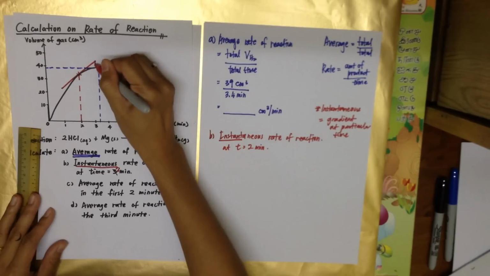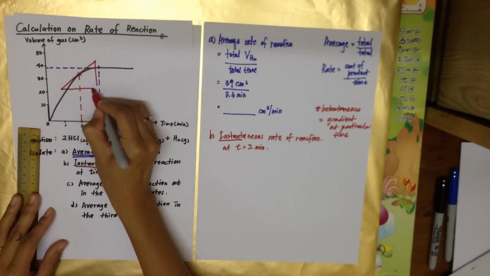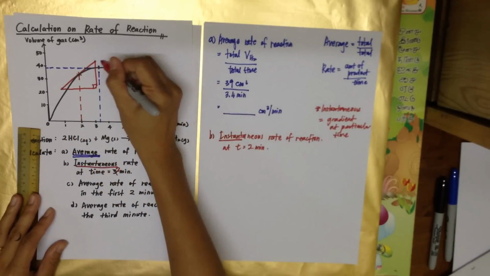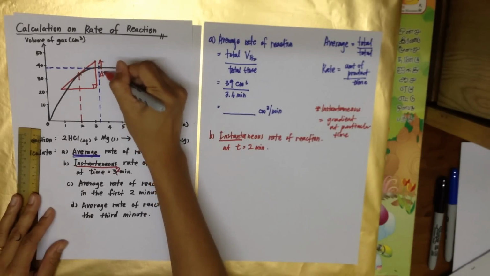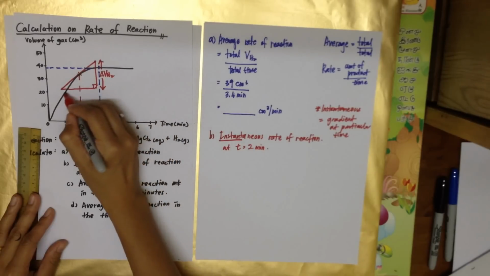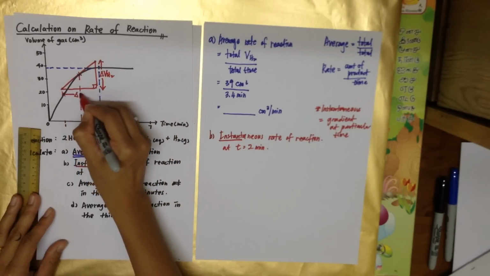As what we have shared just now, the tangent can be something like this, and we can then find out the change in the volume of hydrogen gas versus the change in the time.